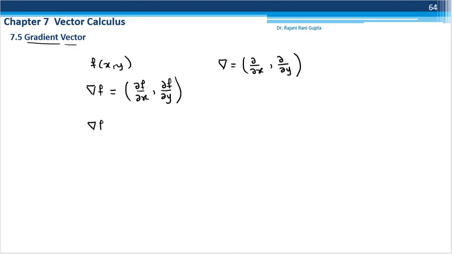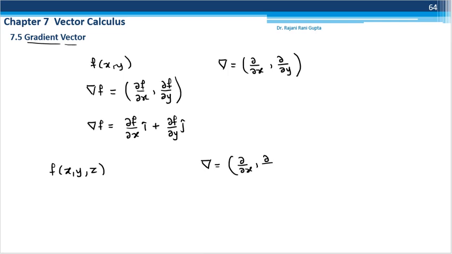When you are writing it in the standard form of a vector, it is given by the partial derivative of f with respect to x times i plus the partial derivative of f with respect to y times j. Similarly, if you have a function of three variables x, y, z, you denote the gradient del as the derivative with respect to x, y, and z.